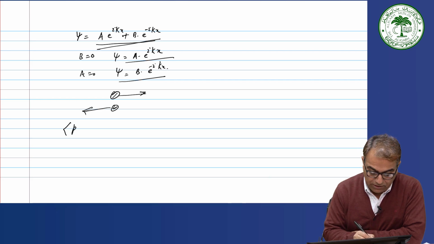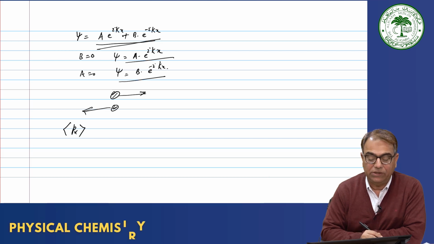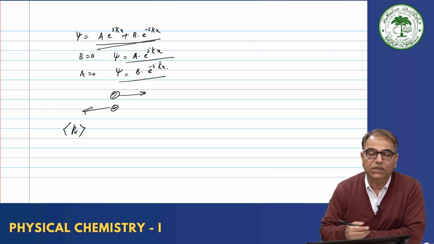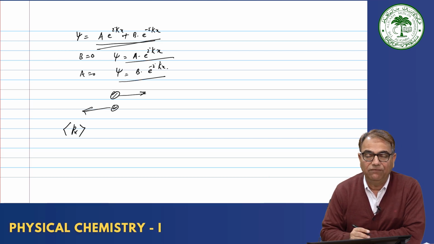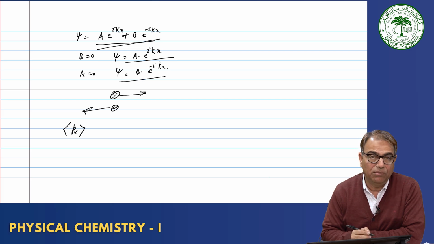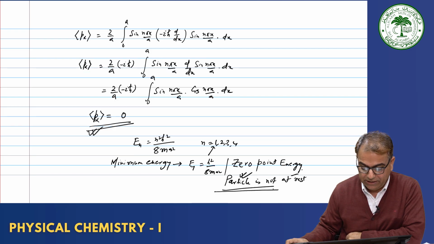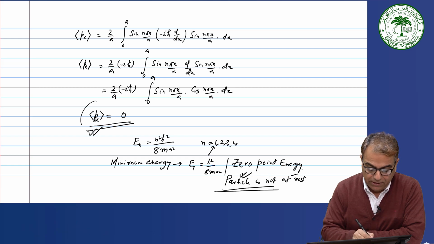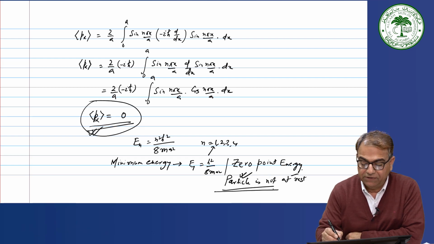So what this angular bracket expectation value tells you is that out of so many measurements of momentum, some will be positive momentum and some will be negative momentum, and the average will be equal to 0. This does not mean that the potential itself is 0.